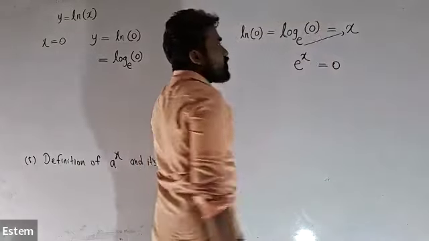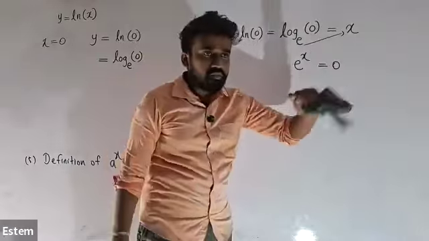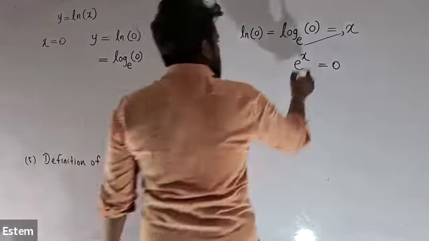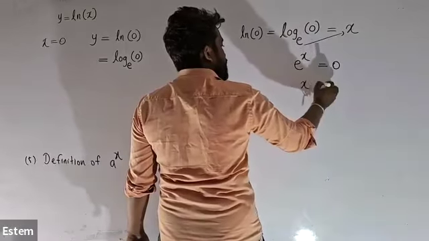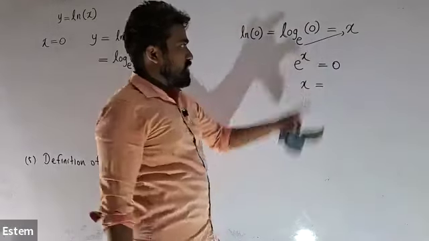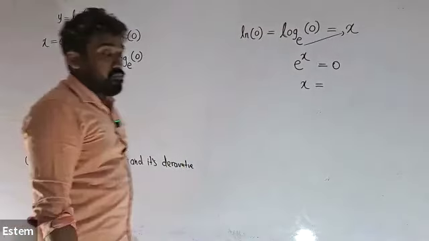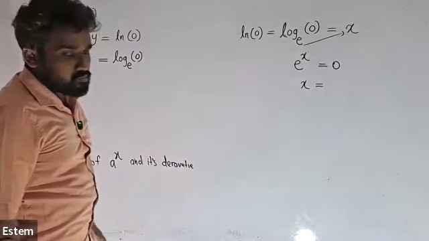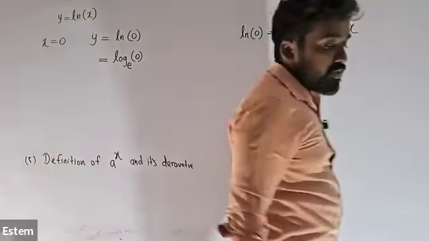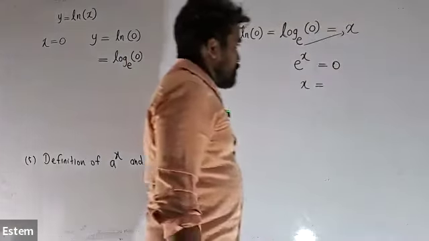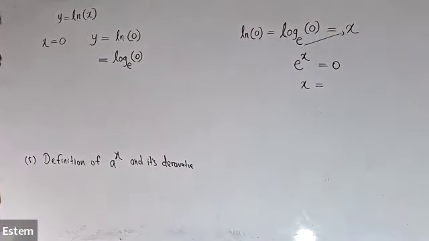Is it okay, transforming this logarithmic form into index form? Okay, then can you guess what the value of x is? What should be the value of x? 0?